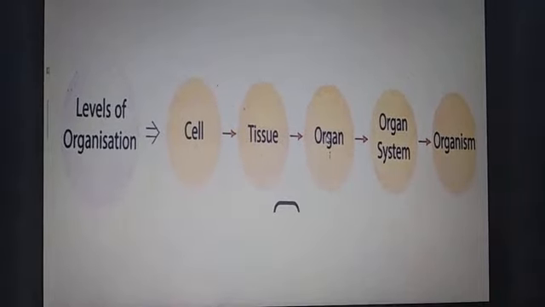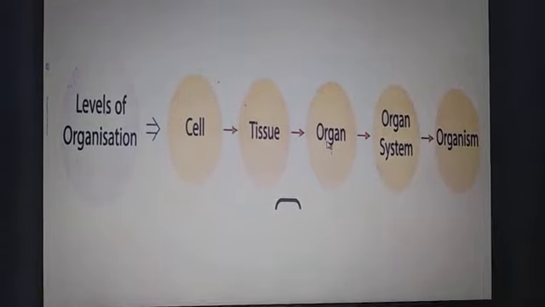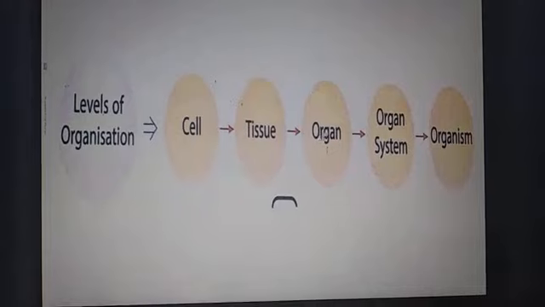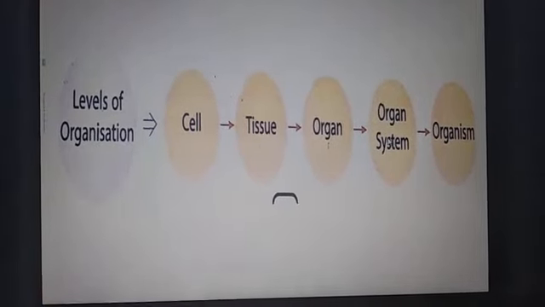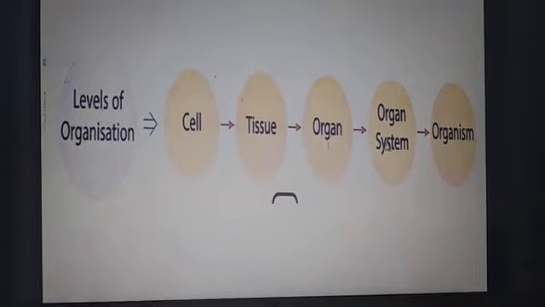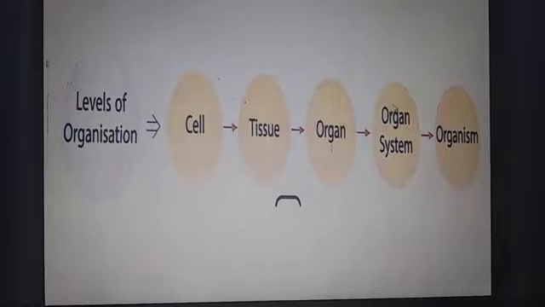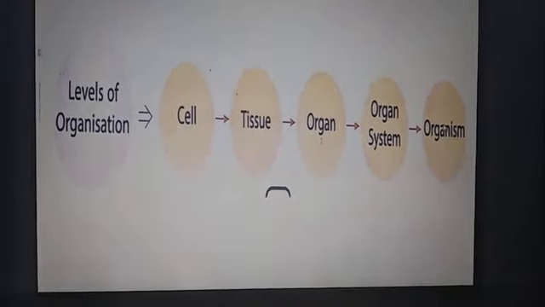For example, heart, kidney, etc. And a number of such organs work together to form an organ system. For example, digestive system, respiratory system, etc. Lastly, all these systems together form an organism.